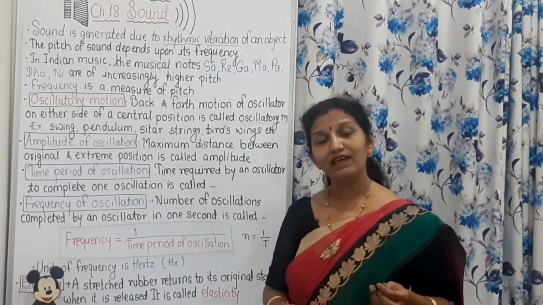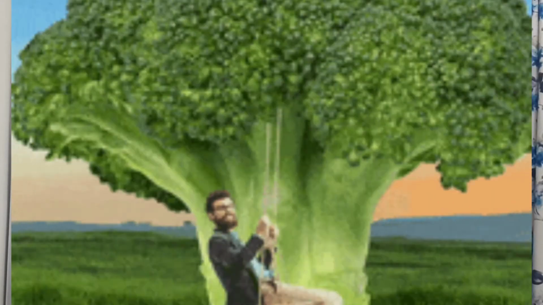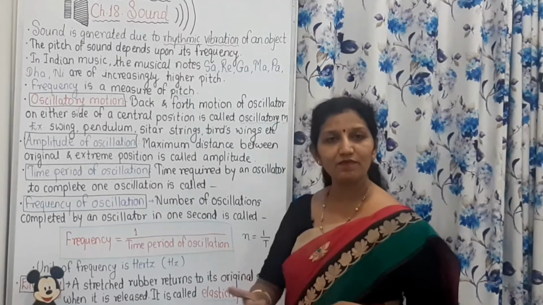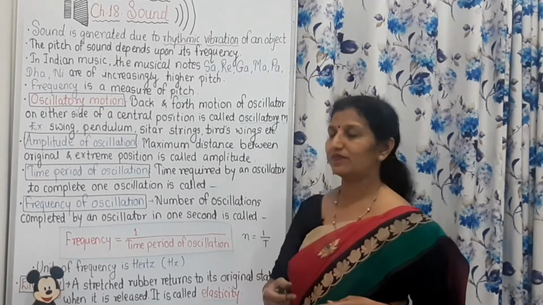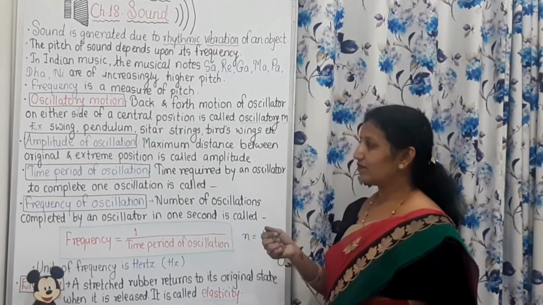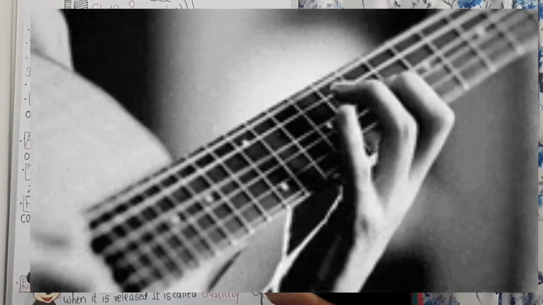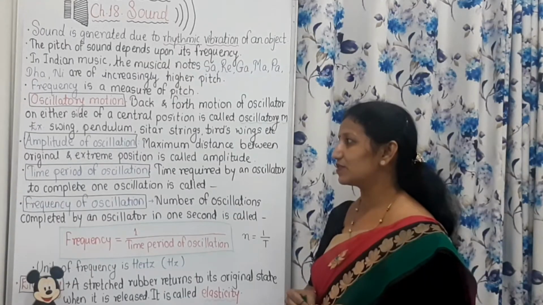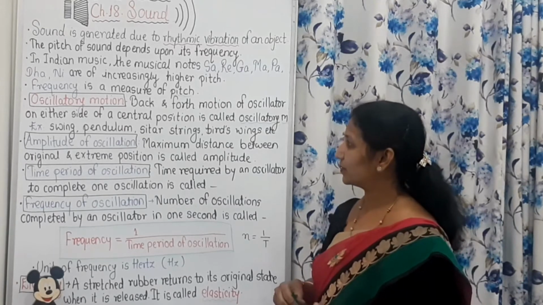But when we sit on that swing and try to move it, at that time we go backward then forward, backward then forward, and this happens. It is also seen in sitar strings, bird's wings, this pendulum. All these are examples of oscillatory motion.